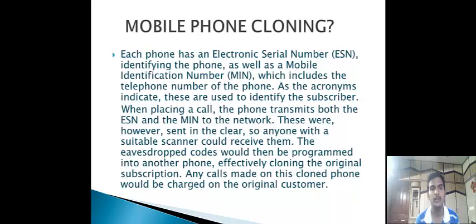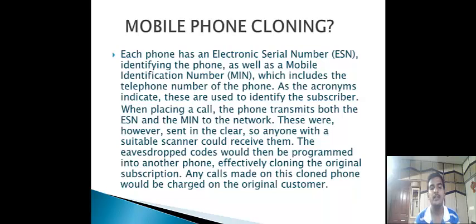Mobile cloning. How is mobile cloning done? Let's see that. Each phone has an electronic serial number and the MIN, as we studied before. And each phone, when we call or send an SMS, both these ESN and MIN pairs are transmitted, and these pairs are used to identify a legitimate subscriber.